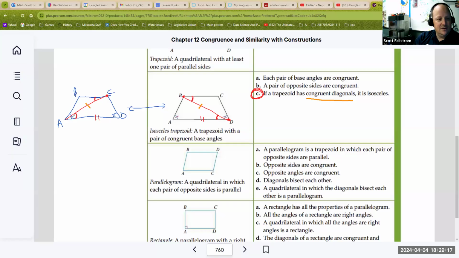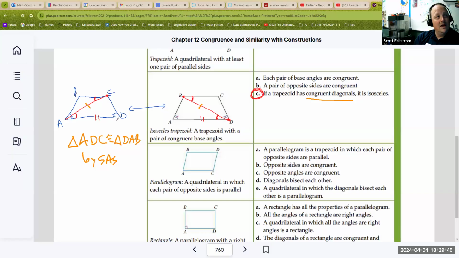And that's A, D, C is going to be congruent to D, A, B. By side angle side. Actually, by side.